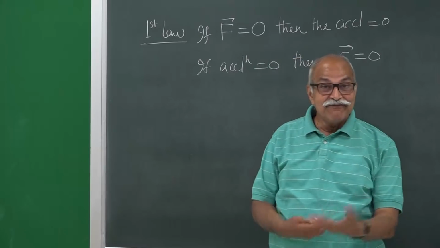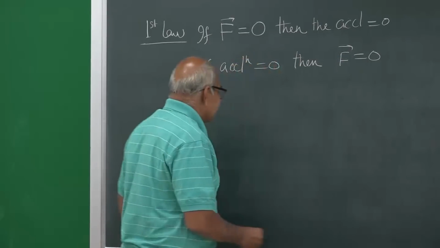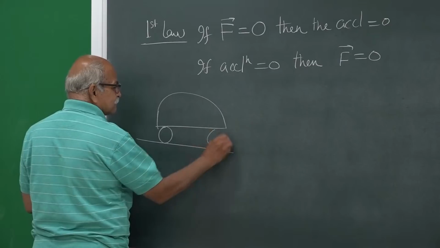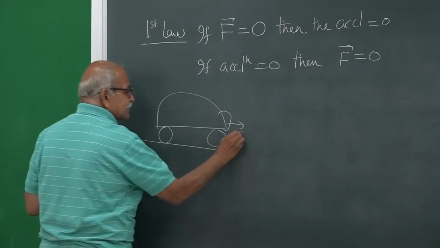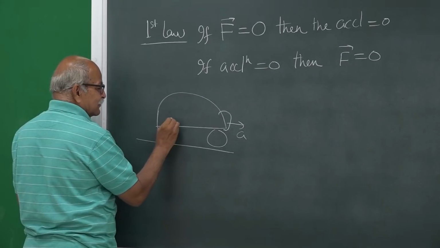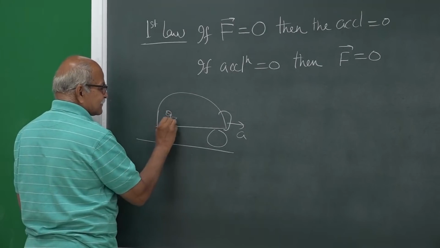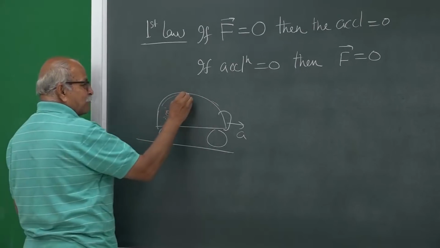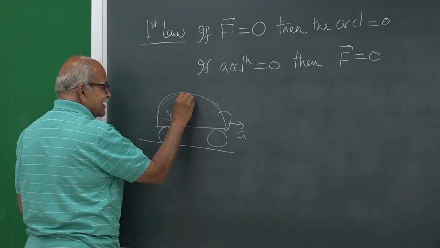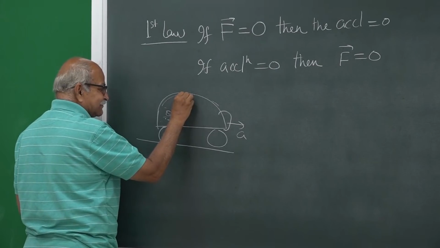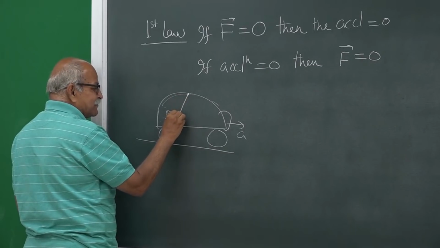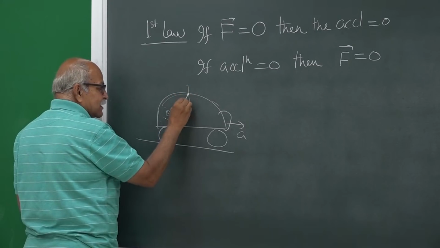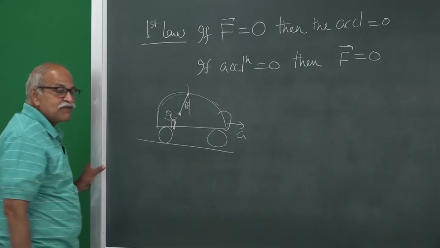If I am in a rotating frame, or let us say I am in an accelerating car, sitting somewhere here on the seat, and from the car's body some pendulum is hanging. What do I see? I see that the string does not stay vertical, it makes some angle theta with the vertical.